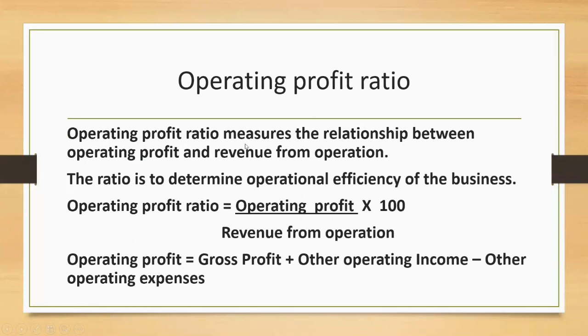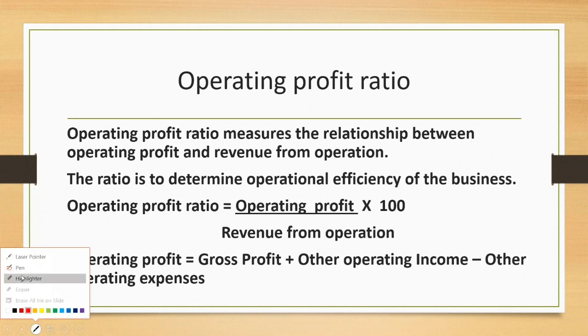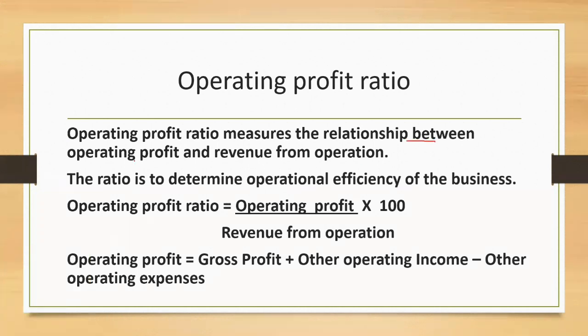Now talking about operating profit ratio, see operating profit ratio shows the relation between operating profit and revenue from operation, and it determines the operational efficiency of the business. Now what do we mean by operating profit?